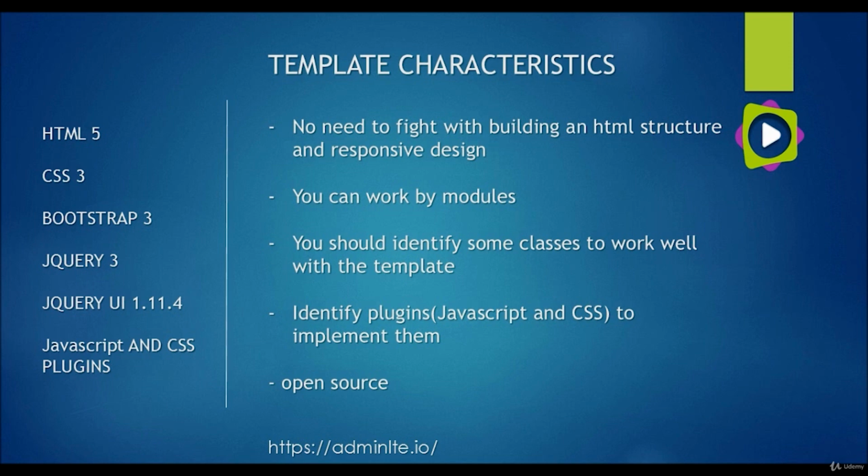It was only class names or expanding the grid. There were 12 columns, but now there are 2 more. This is the reason why there's no problem working with Bootstrap 3. We have jQuery in its version 3 installed in the template, jQuery UI, among other plugins and CSS and JavaScript files.